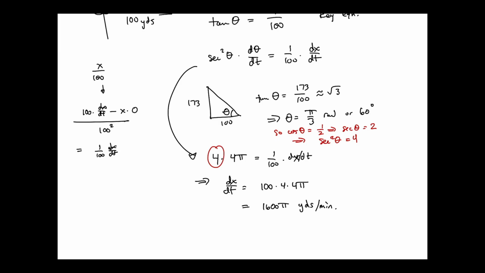Okay, so let's do this one. Let's suppose that you've got a dude who's 6 feet tall and a lamppost is 15 feet tall. What's going to happen, obviously, as the dude walks?